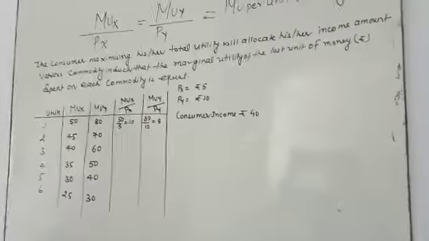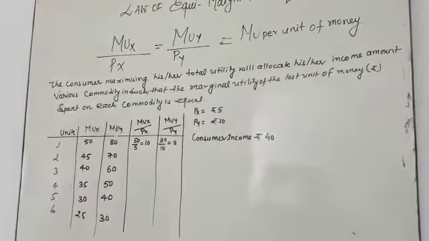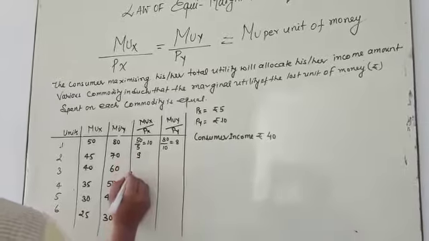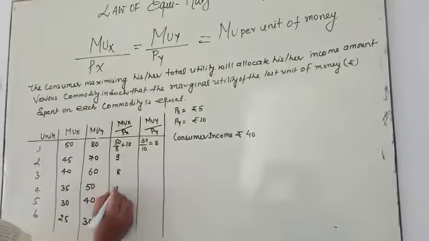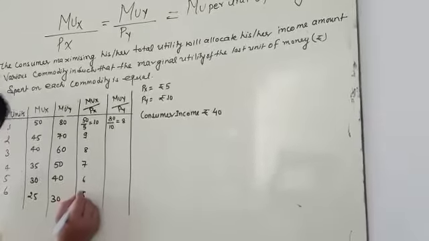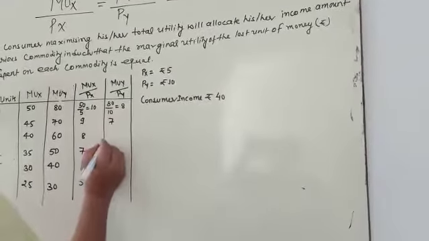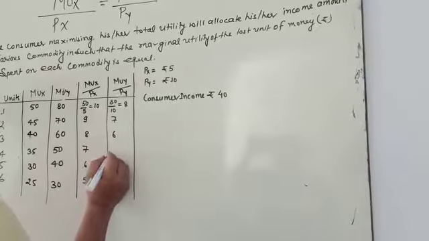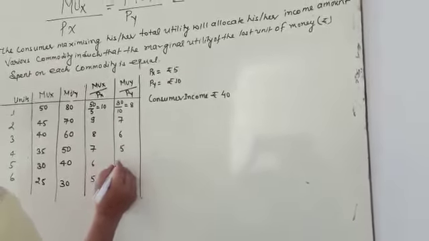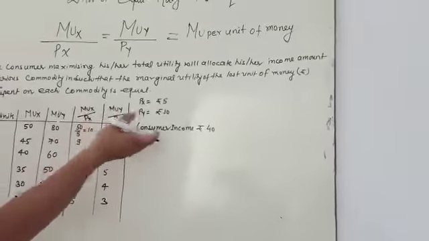This way you are going to find out all the situations. So I am going to write here 10, 9, 8, 7, 6, 5, and similarly here also 7, 6, 5, 4, 3.